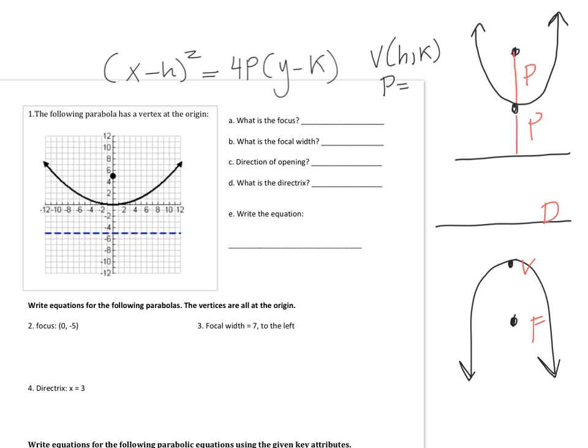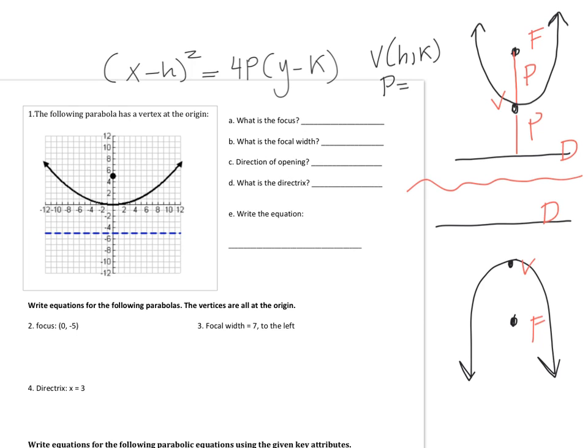This is a quick review of lesson 3.3. If you'd like to take notes of that, that will help you as you are writing the equations, because you need to sketch it to figure out what the p is and what the vertex is, so you can write the equation. For you to write a successful equation, you need h and k, which are the coordinates of the vertex, and p, which is the distance between the vertex and the focus, or the vertex and the directrix, whatever is given.